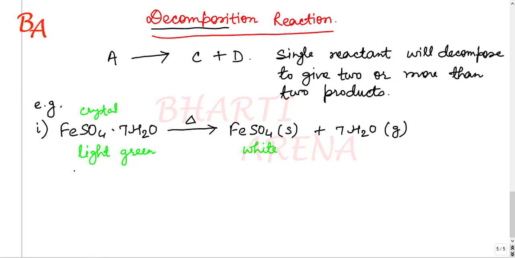Now another example, iron sulfate when heated, we know its color is white.